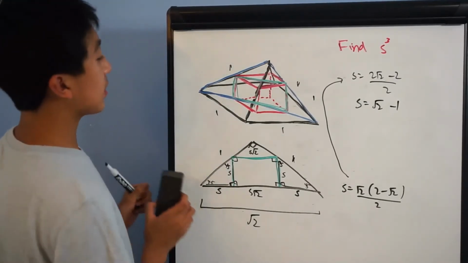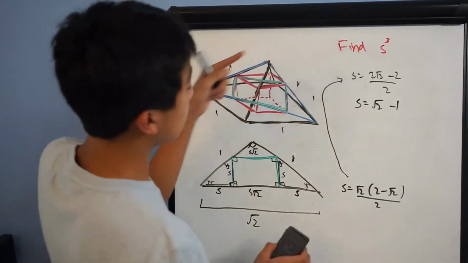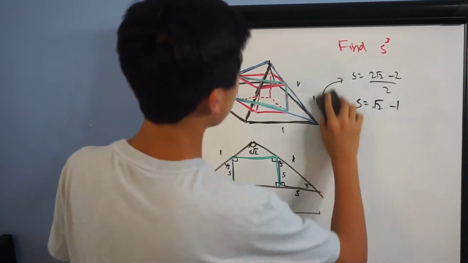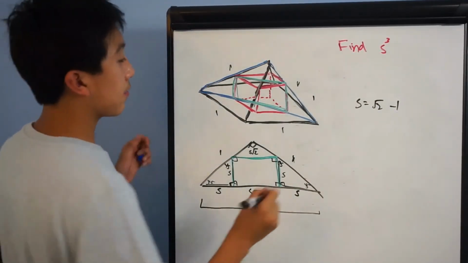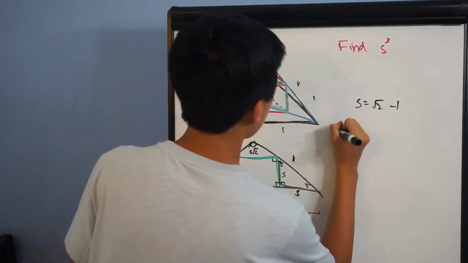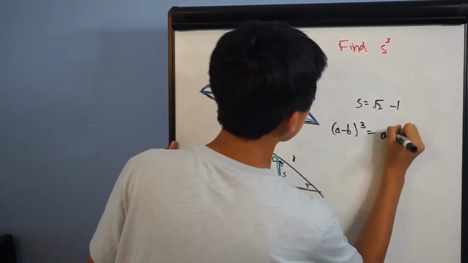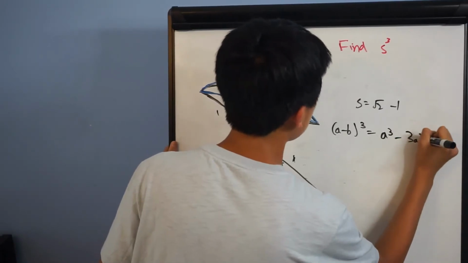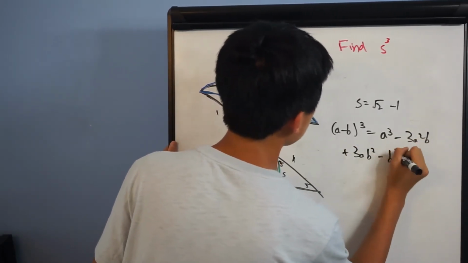The only thing remaining is to find the volume of this cube now that we know the side length, which is S cubed. Erasing this, we have what S equals, so we don't need that anymore. By the binomial theorem, we have (A minus B) cubed equals A cubed minus 3A squared B plus 3AB squared minus B cubed.